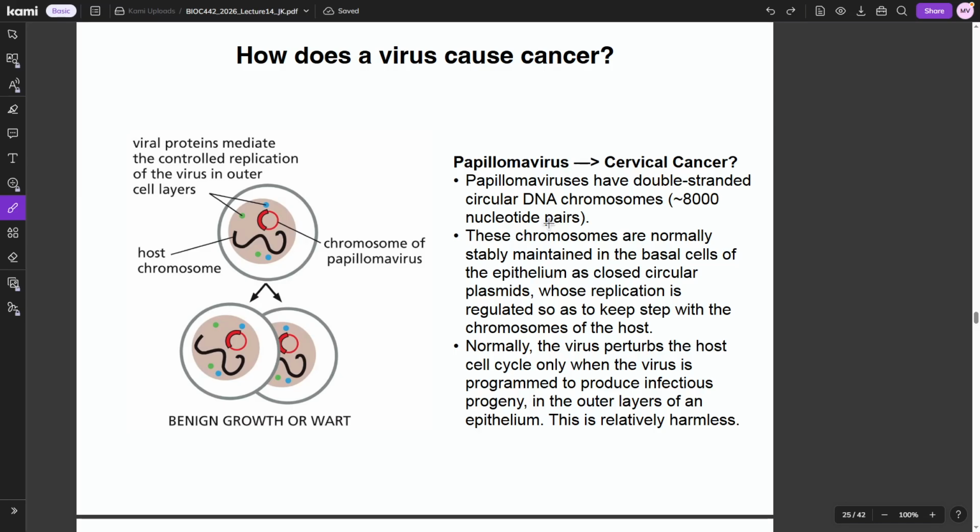So chromosomes, right, are normally stably maintained in the basal cells of the epithelium as closed circular plasmids. So basically what they're saying is this plasmid is stable. What they're trying to get at here is that the replication process of this viral DNA is kept in very close proximity and timing with the host chromosome.